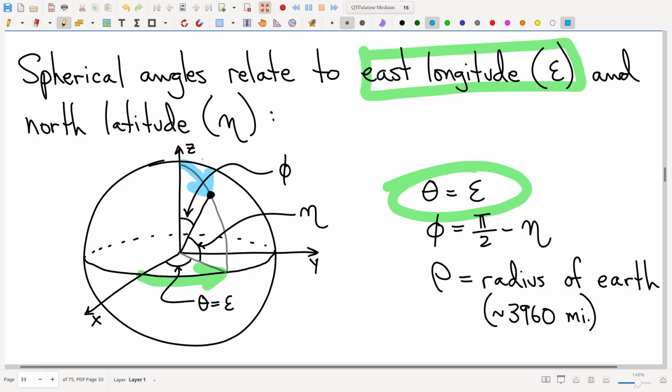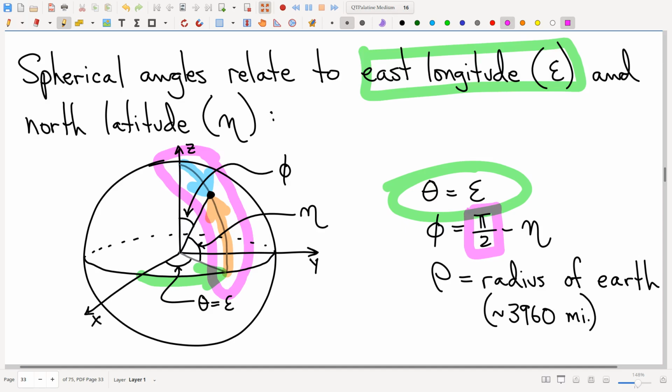there's phi, but latitude doesn't measure from the North Pole. Latitude measures from the equator. So, okay, they're not the same, right? Phi is not the same as north latitude. The connection, though, is that if you look at how those add up, those always add up to pi over 2.